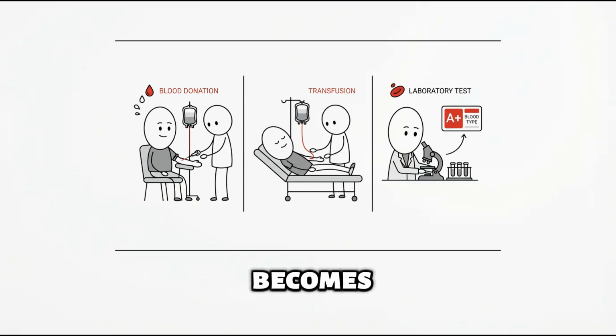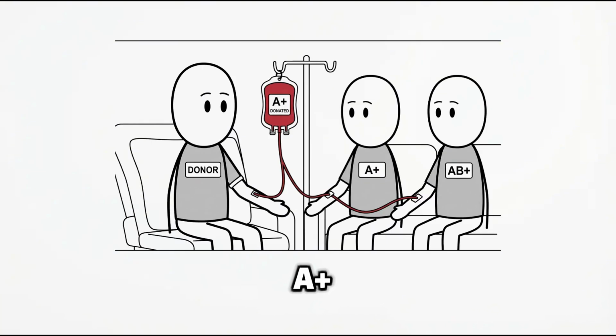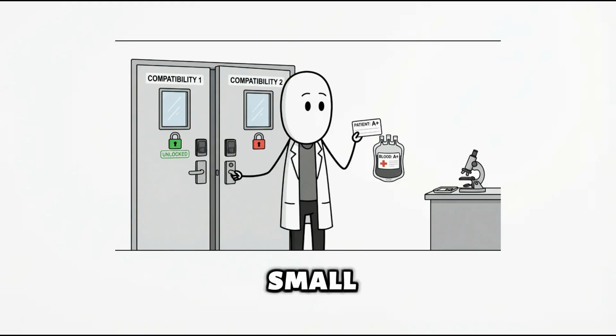Their blood type becomes relevant mainly when they donate blood, need a transfusion, or undergo certain medical tests. Donated A+ blood can be especially useful for patients with A+ and AB+ blood. A+ does not define who you are. But in a hospital, that small symbol helps doctors know which immune system door can be opened safely.